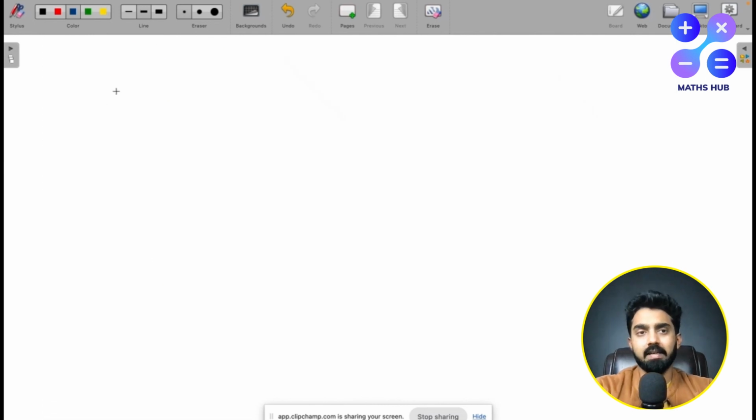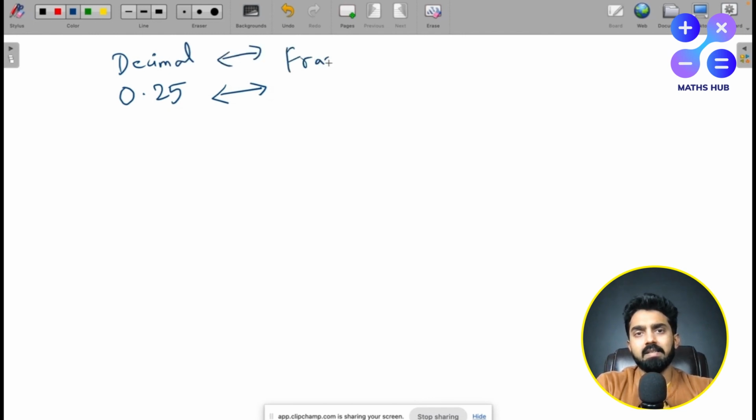Great. So the first thing is we always need to understand that a decimal and a fraction are always interconvertible, right? They are basically the same thing, right? So any decimal can be written as that particular number divided by a 1 followed by as many zeros as there are decimal places, right?